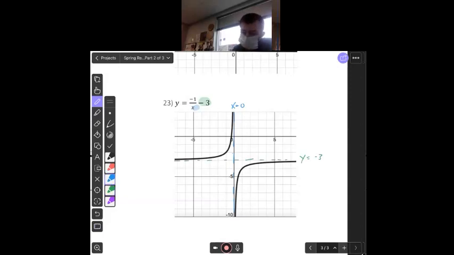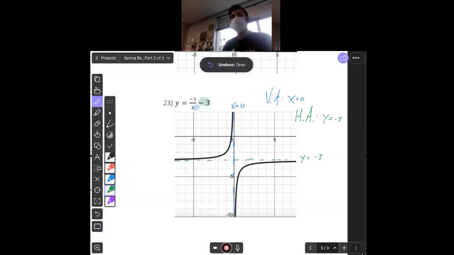We have a vertical asymptote, horizontal asymptote. Now, domain and range, I think this is the only time we ever saw anything like this.